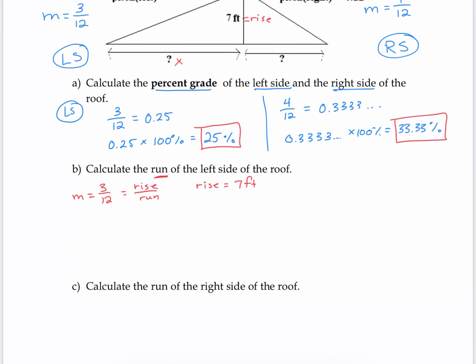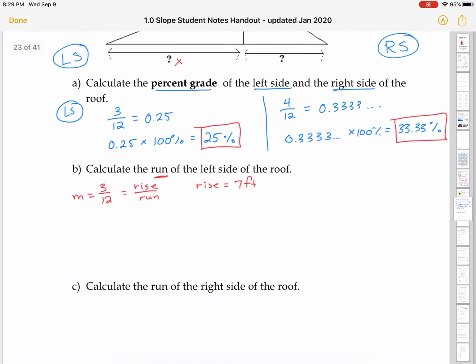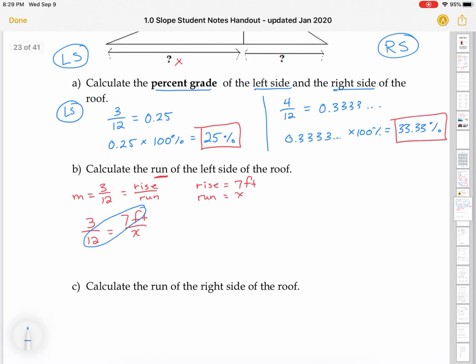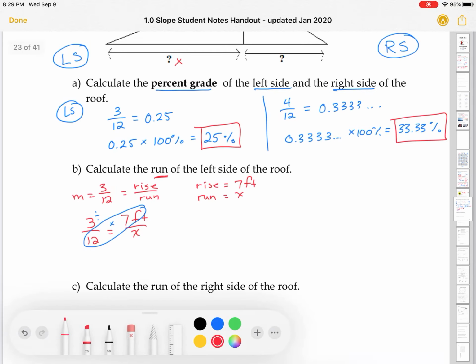So what I do is I put all what I know into my formula. So I have, and my run, is the red X. So 3/12 is equal to 7 feet over X. Now I'm going to cross multiply and divide by 3.